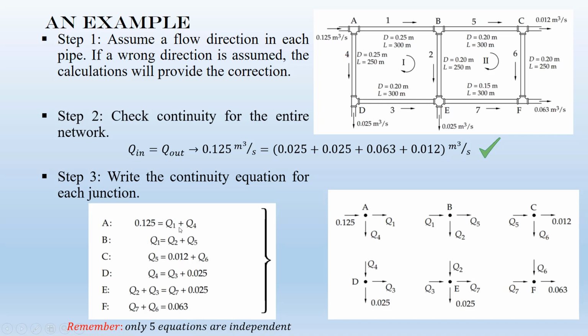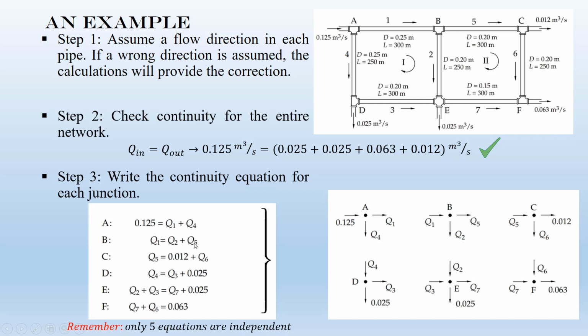Now let's look at this continuity equation, guys. If you look at this continuity equation, you can see that if you have two volumetric flow rates, you can calculate all other volumetric flow rates. For example, if you have Q1 and Q2, you can find Q5, correct, from this equation.